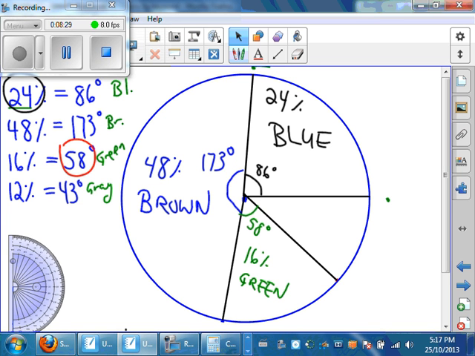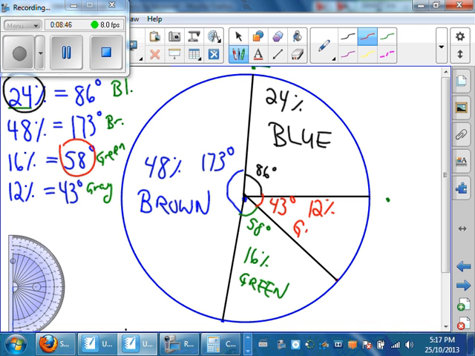In this case, the remaining angle that closes this circle is going to be 43 degrees. And if this is a 43-degree angle, that means it takes up a total of 12% of the entire circle, and that is our representation of students with gray eyes.